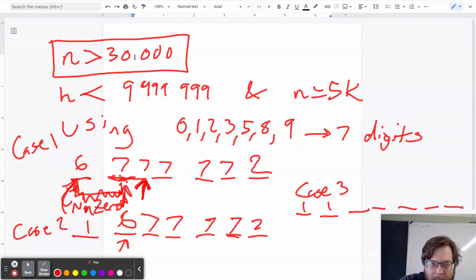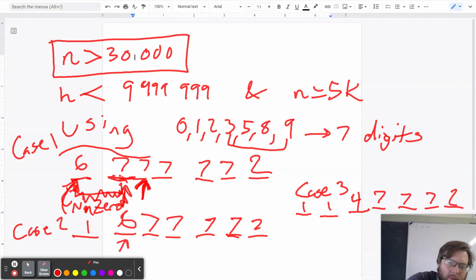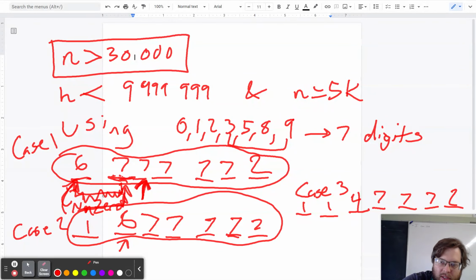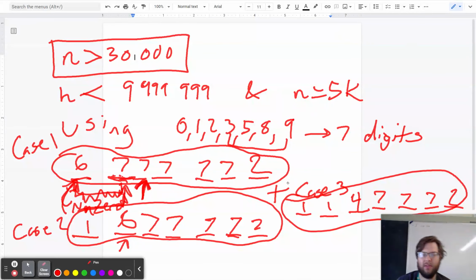And then I need it to be bigger than 30,000. So I only have these 4 options, 7, 7, 7, 2. And so what I'm going to do is multiply the 6s and the 7s and the 2s, multiply the 1s times the 6 times the 7s and the 2s, multiply all of those together, and then add up those 3 values to get there.